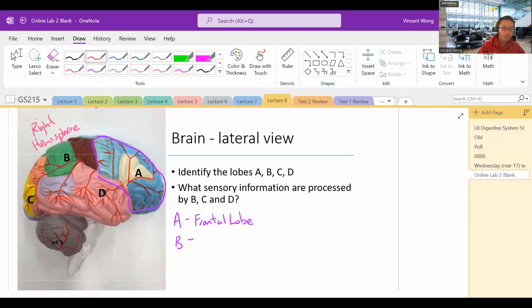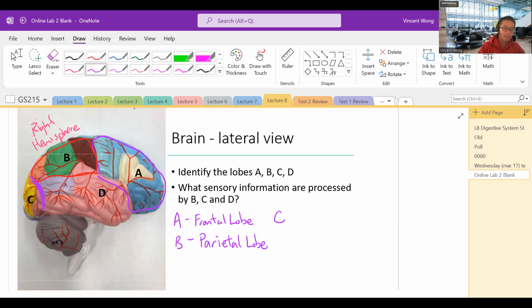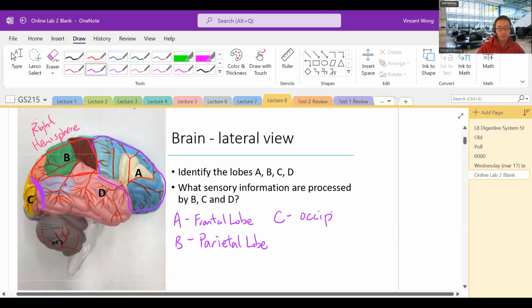B is over here at the back, so that would be the parietal lobe. C is located at the back. That's the occipital lobe. And D would be the temporal.